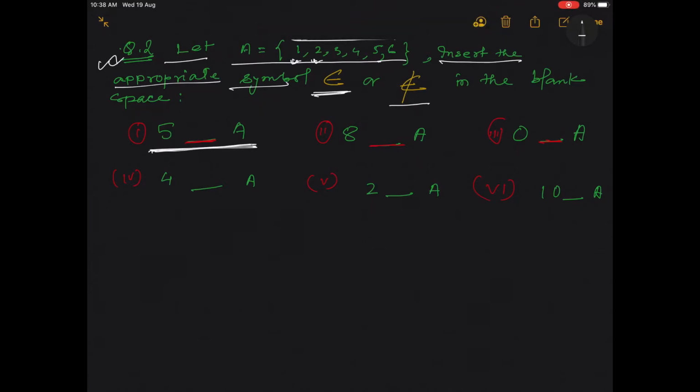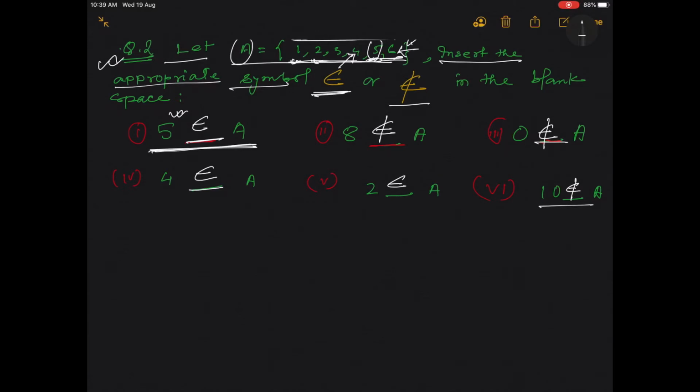So here, in the first one, 5 dash A. You can see this 5 is an element of this set A. That means it belongs to A. So that's why the appropriate symbol is belongs to. 8, here you see 8 is not present in this set A, that's why it does not belong to A. And 0, this set A doesn't contain 0, that's why it does not belong to. 4 dash A, here you can see 4, so it belongs to A. 2 also belongs to A, but there is no 10 in this set, that's why it does not belong to.